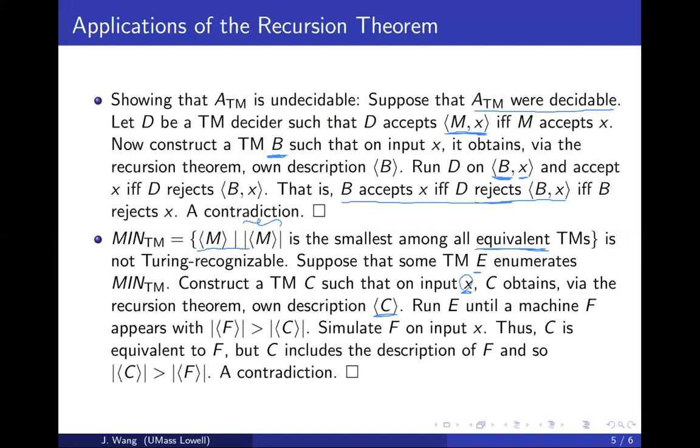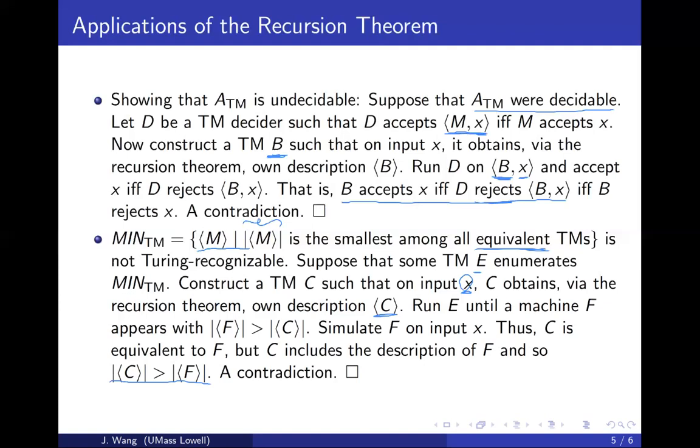So now we can see that C computes the same thing as F because it just simulates it. So that's equivalent to C. But C also includes the description of F. That means the length of the description of C must be greater than the length of the description of F because it includes it.